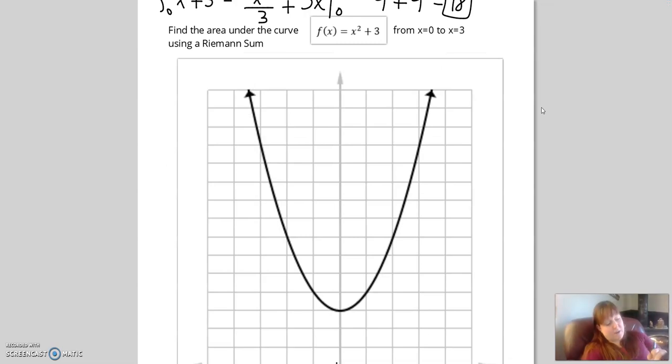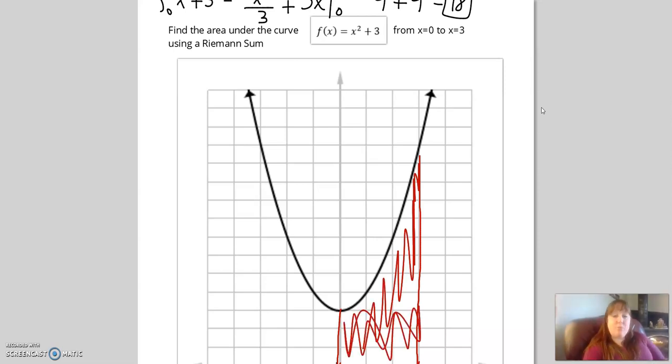So basically, from here to here, this area under the curve is 18, right? So it's 18 under the curve, that whole thing. And the integral gives us the exact amount. But we're going to look at Riemann sums to see how we can use them to approximate.